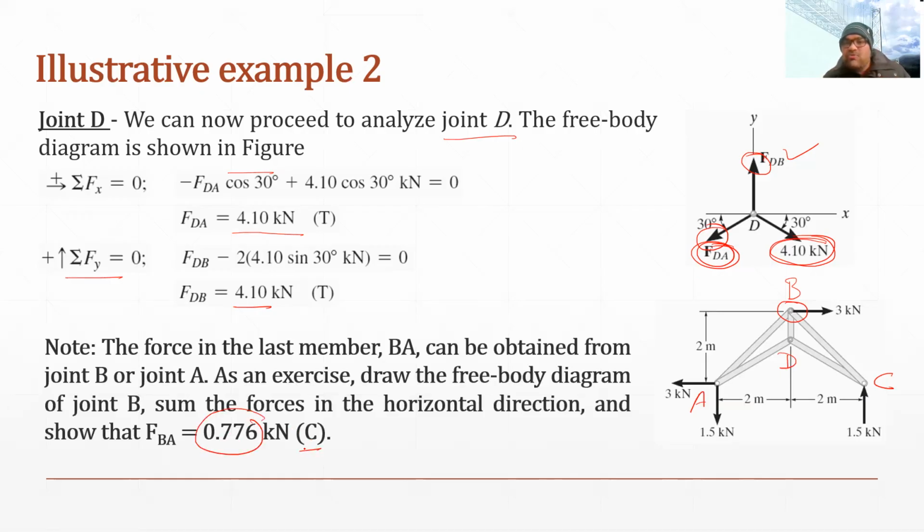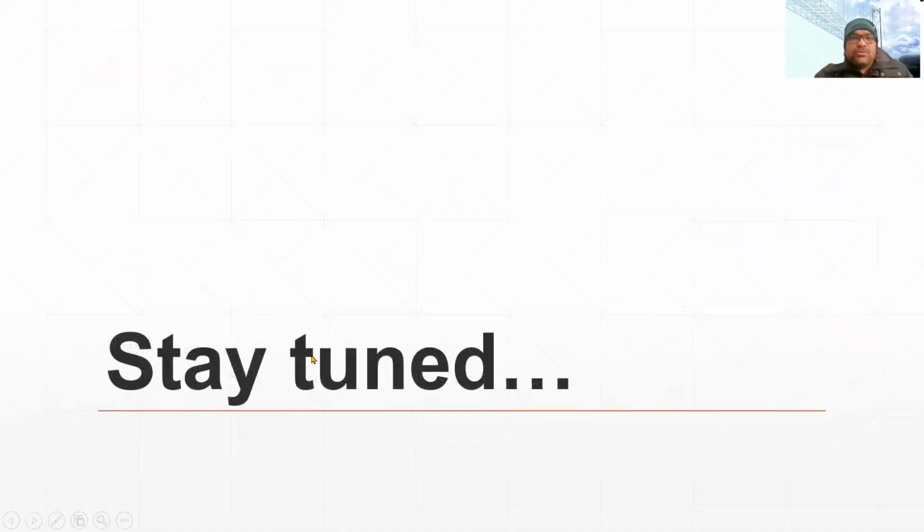Do solve for joint B and prove that the force in member BA or AB will be 0.776 kilonewton and it will be in compression. This is a part of your exercise for this example. So that is the solution. Thank you. We will solve one more example in the next part. Thank you.